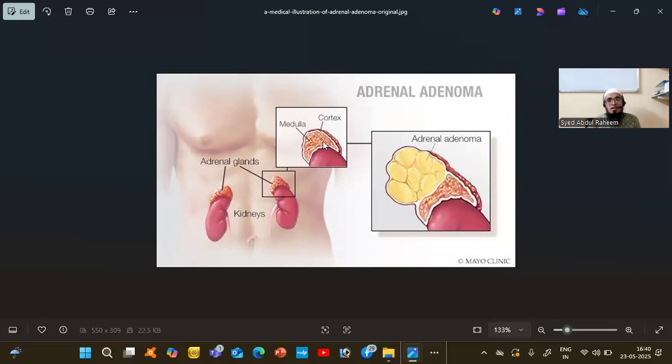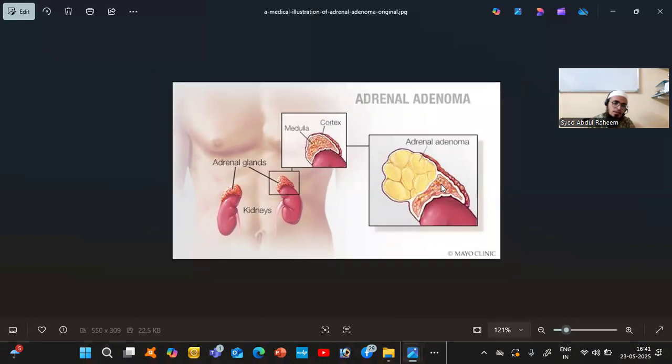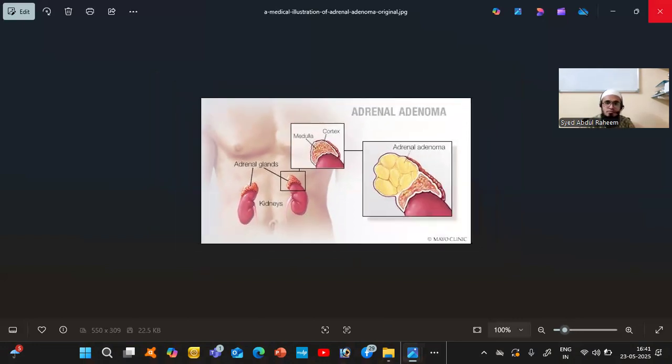If any problem occurs in the adrenal gland, that is called adrenal adenoma, a tumor. You can see this is the outer portion, not inside the parenchyma, within the cells of the adrenal. It is outside. It may be benign or cancerous, sometimes benign.